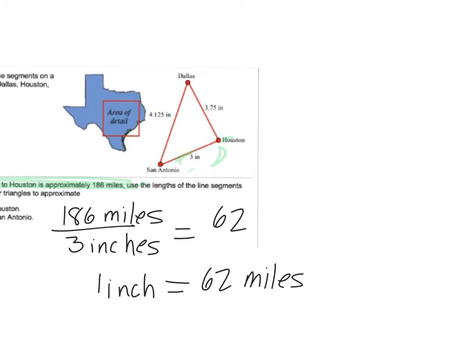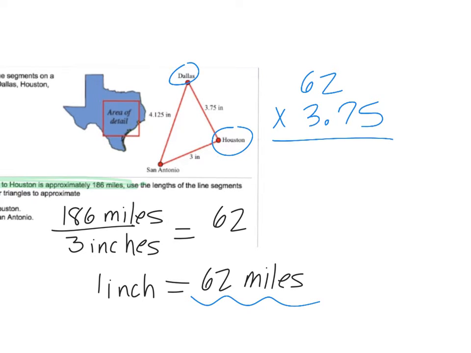Because if I know that 1 inch on this triangle is equal to 62 miles in real life, now to find the distance between Dallas and Houston, all I have to do is take 62 miles and multiply it by 3.75 to find the distance that it is in real life.